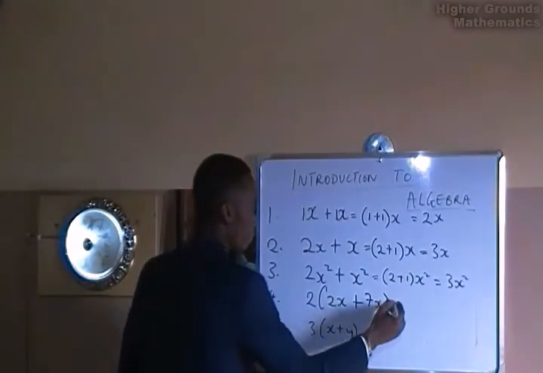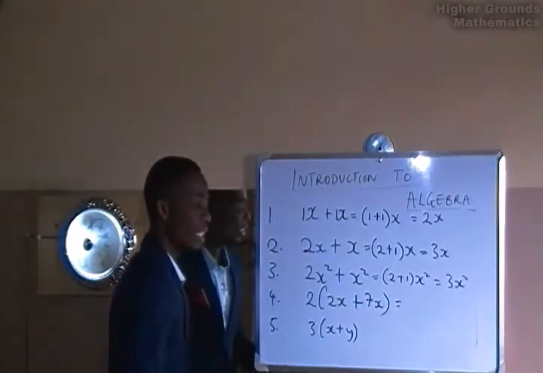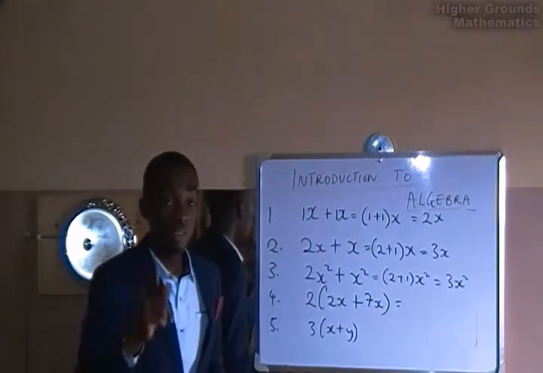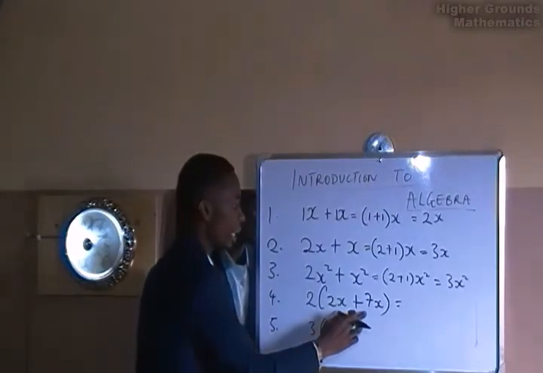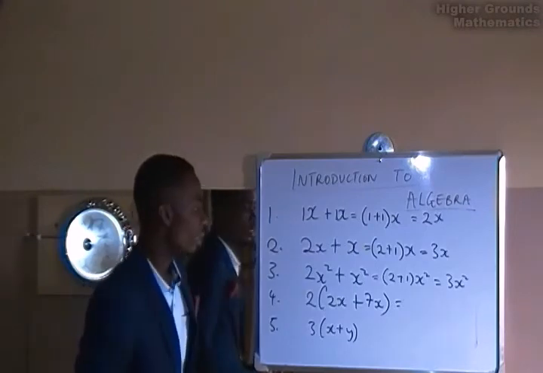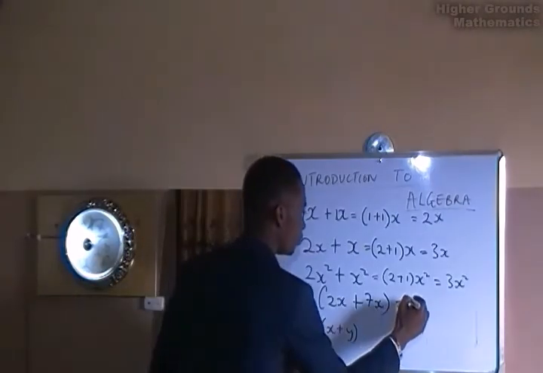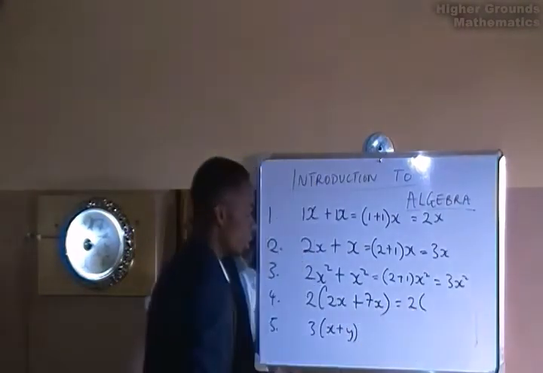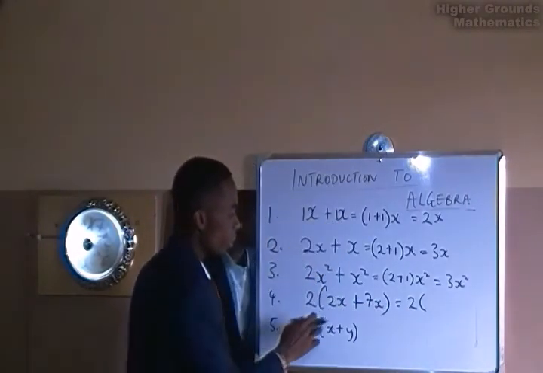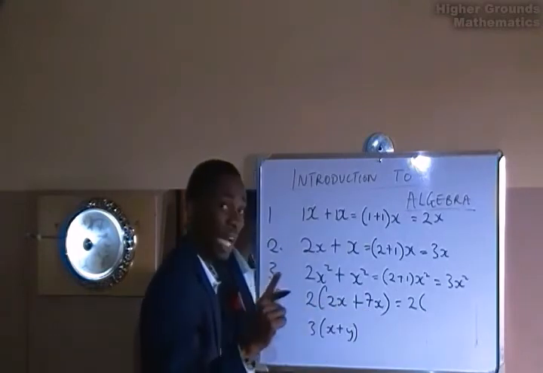So now to number 4. Whenever you have a bracket introduced in an algebra, firstly solve what is inside the bracket before you take note of what is outside of the bracket. So now let's solve what's inside the bracket. 2 outside the bracket, so 2x plus 7x. Adding it up the way we add this up, 2 plus 7 will give us 9.